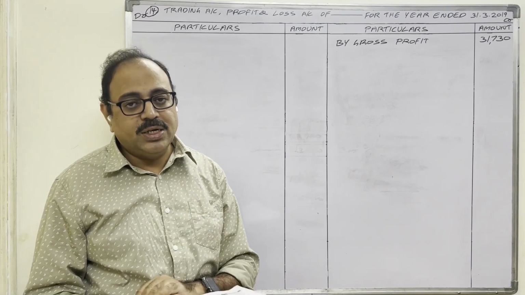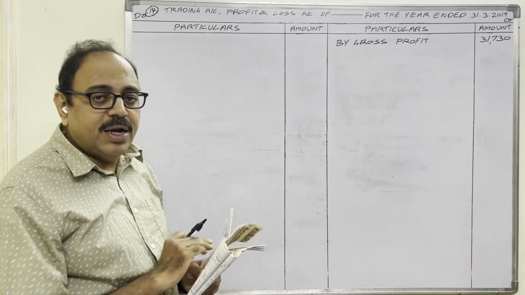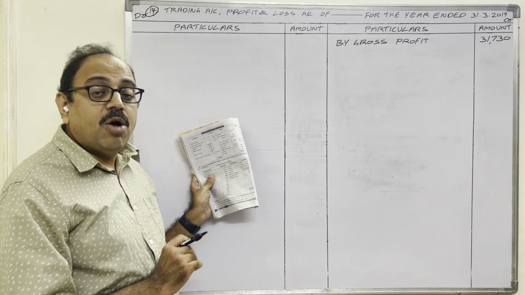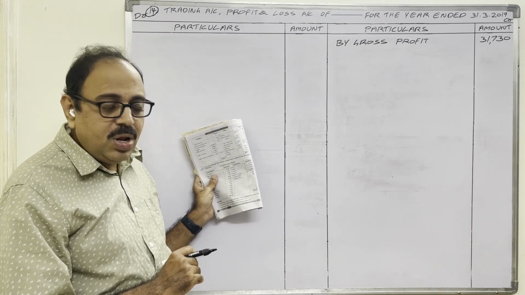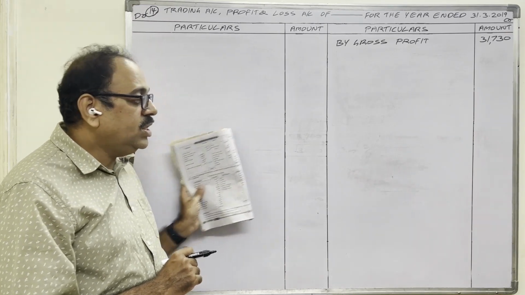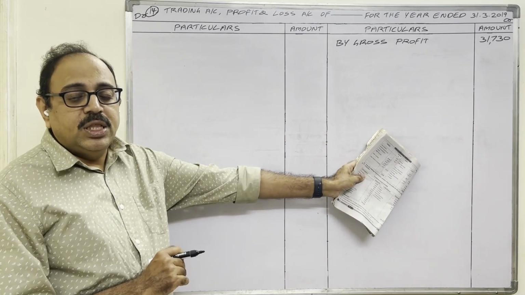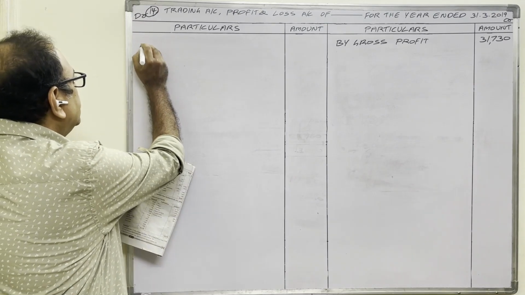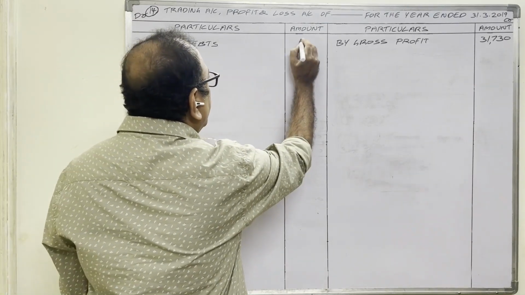Then how to show that? See, first bad debt, it is a loss, no? The profit and loss account is a nominal account. Nominal account rule: debit all expenses and losses, credit all incomes and gains. Therefore, bad debt loss we should show on the debit side.